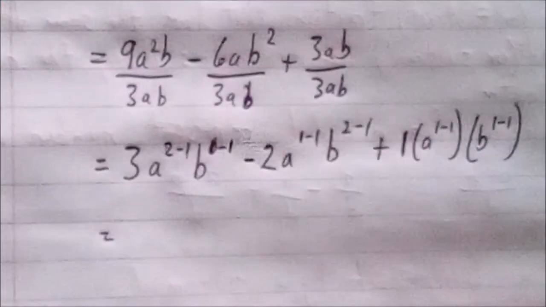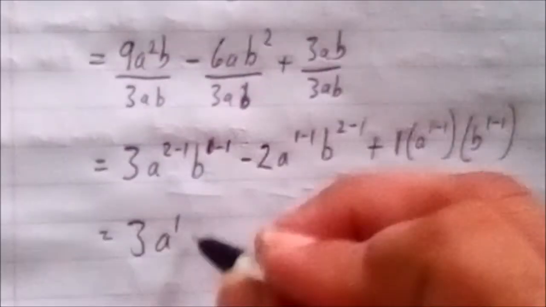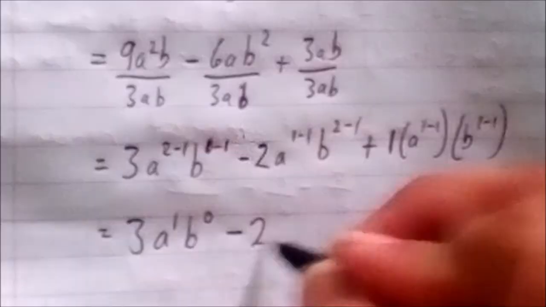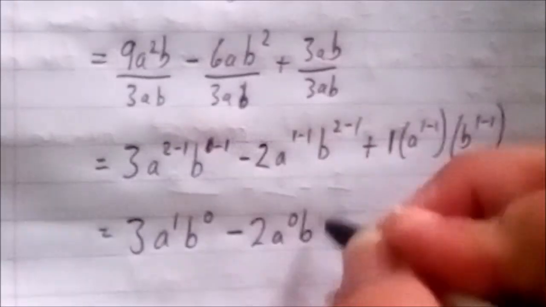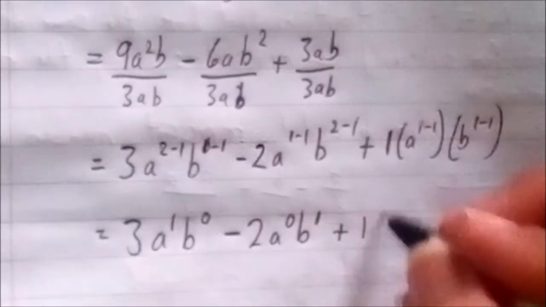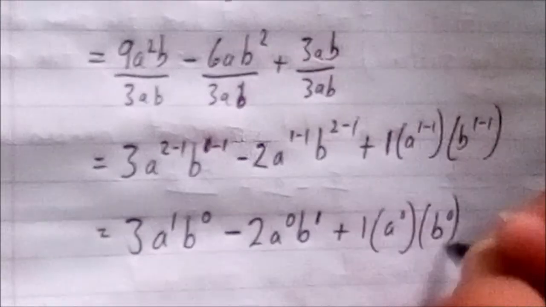So the 3 comes down, with a to the first and b to the 0. This gives us minus 2 a to the 0 b to the first. Next one, plus 1 times a to the 0 times b to the 0.